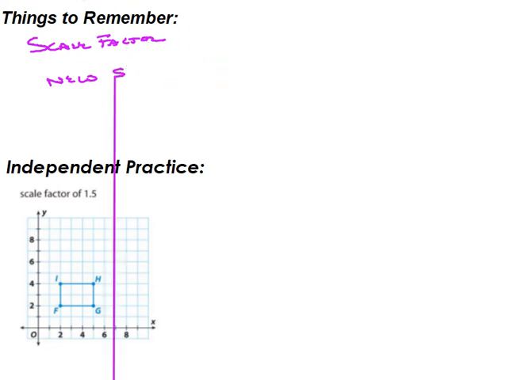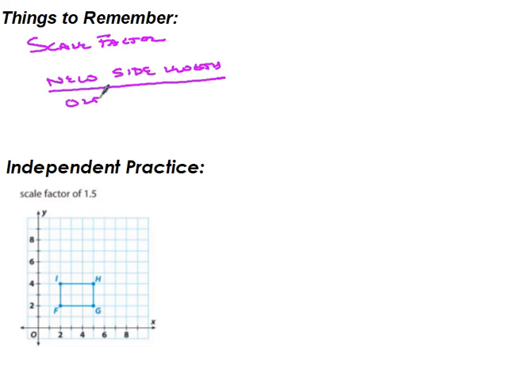Now, side length. This thing is going insane. Sorry, guys. Over old side length. That'll work every single time, no matter what the point of center of dilation is. So that's to find your scale factor.